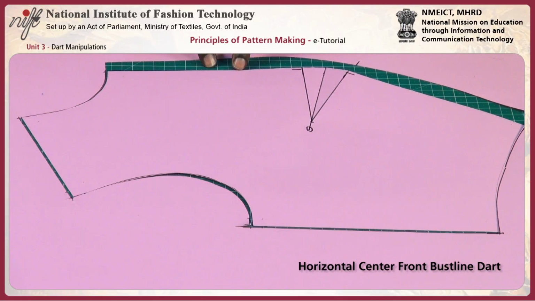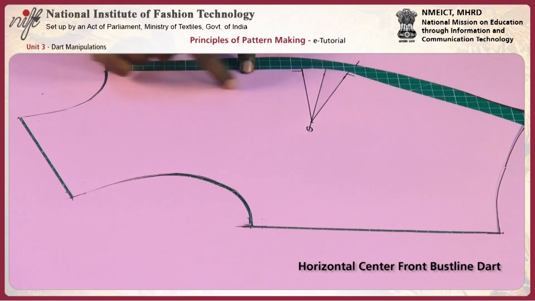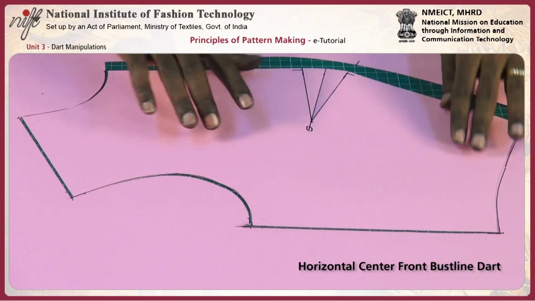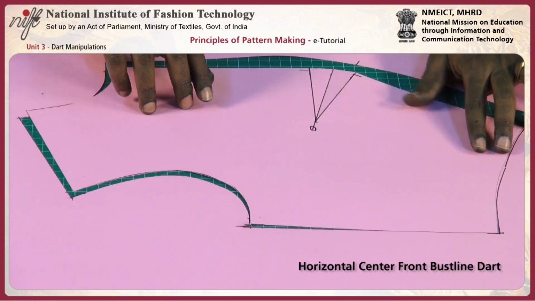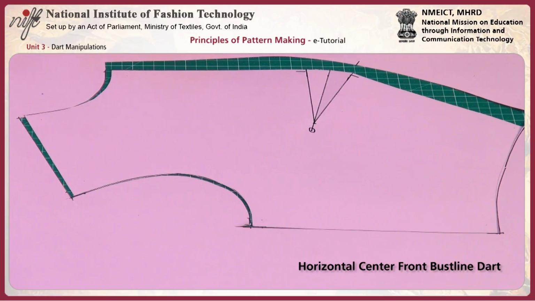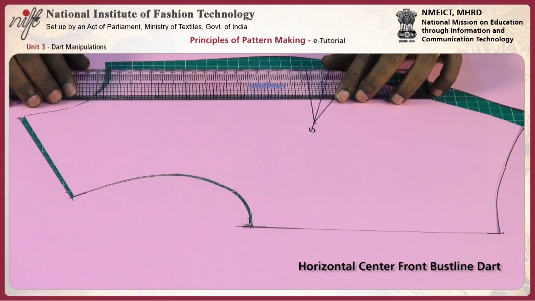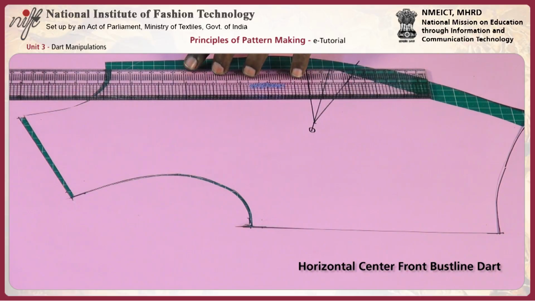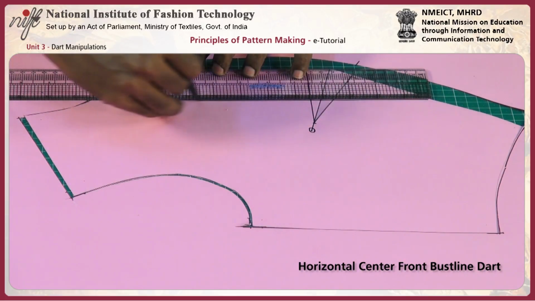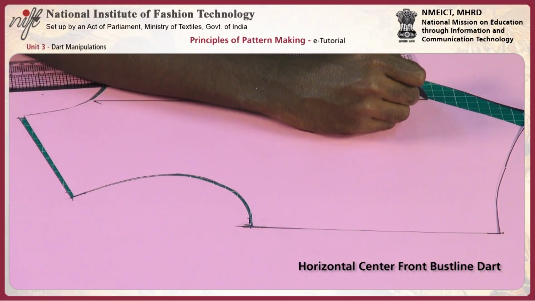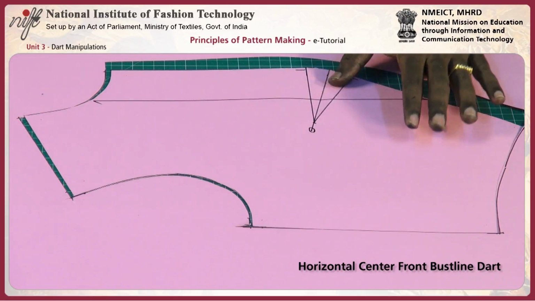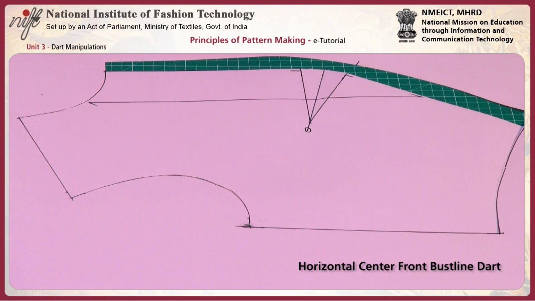You can mark the grain line parallel to the center front. You can mark either like this or like this, which will give the different design. The grain line will change. Then complete your patterns.